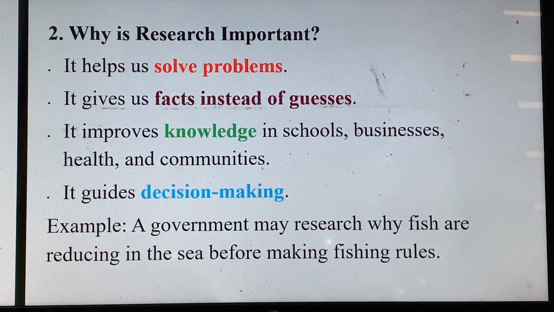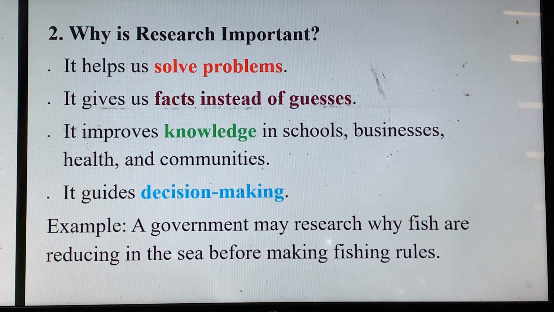You have to collect data, analyze the data, then you come up with the trends and patterns. Once you identify the trends and patterns, suggestions can be made to solve that specific problem. So when you embark on research, it gives you solutions to problems.